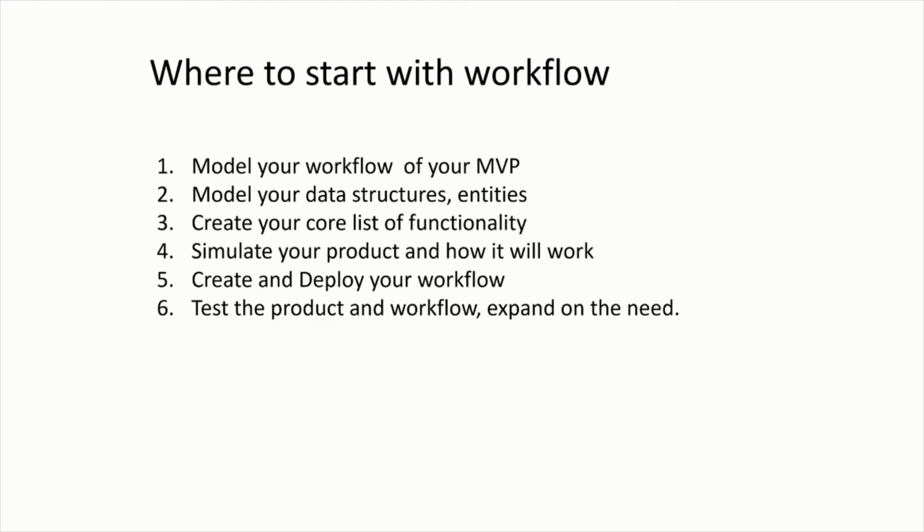Third is creating a list of core functionality. As I discussed before, we want the workflow to be the driver of functionality. So I'll give you an example. I don't code a sequence. I don't say send this message, and then if this message was received, wait 7 days, then send the next message. No, at this point we control that with a workflow, and we get the developers just to write a single functionality.